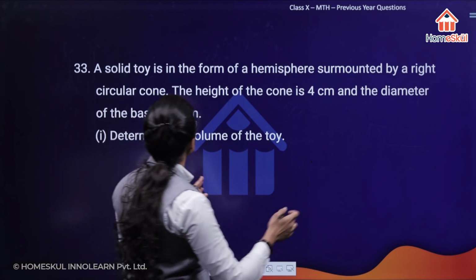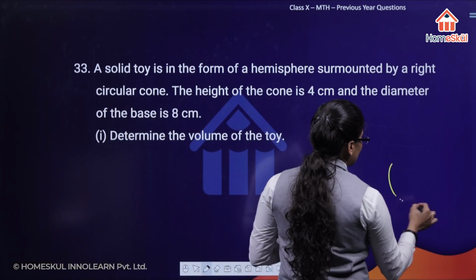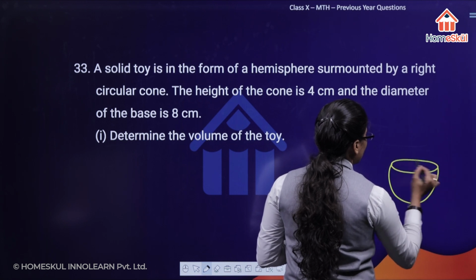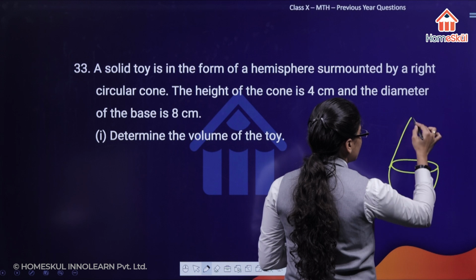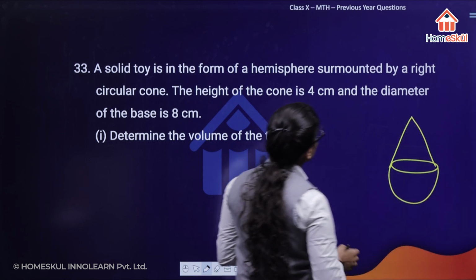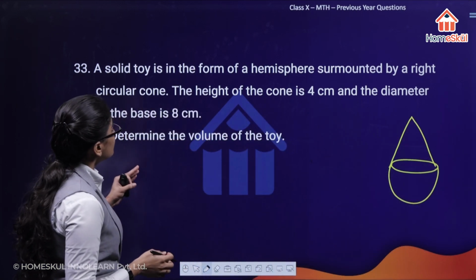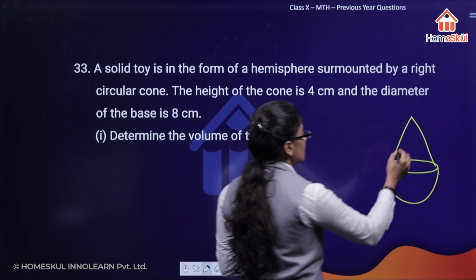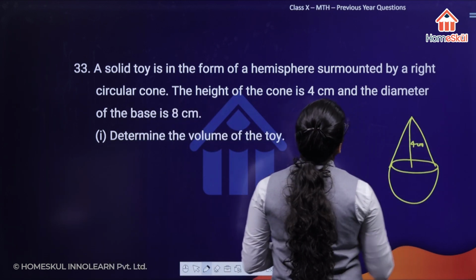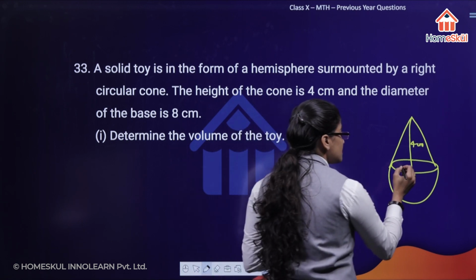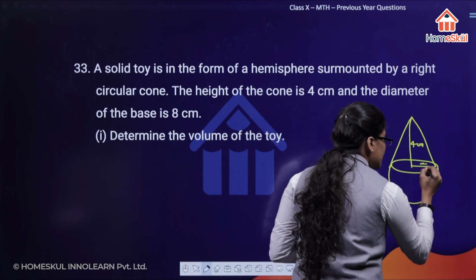On analyzing it, there is a solid toy with a hemisphere, and a cone is surmounted on the hemisphere. Dimensions are given. The height of the cone is 4 cm. And the diameter of the base is 8 cm, which means the radius will be 4.